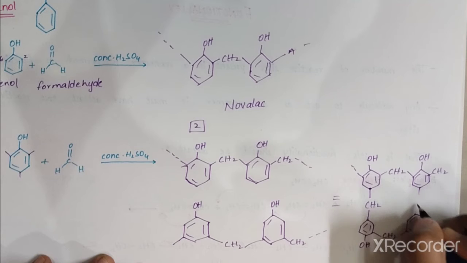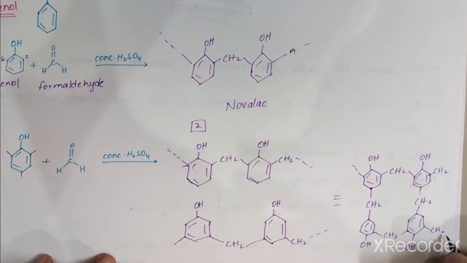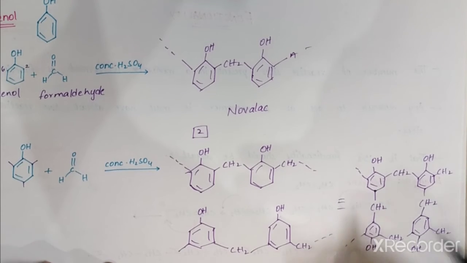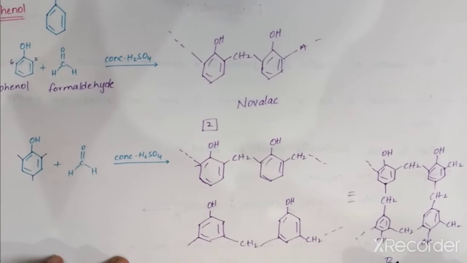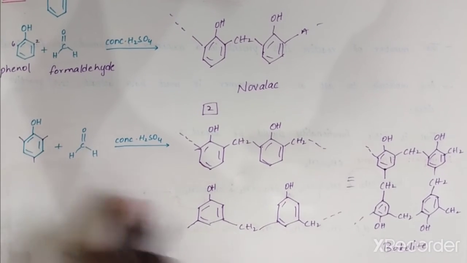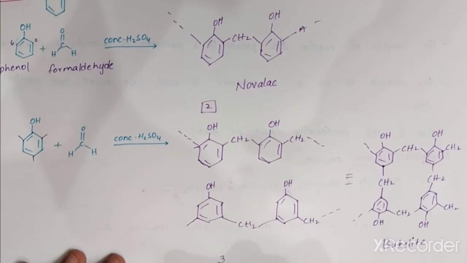Even here CH2 will be formed, and since this is a polymer, there will be n units. This structure is known as Bakelite, and here the functionality of phenol is 3.